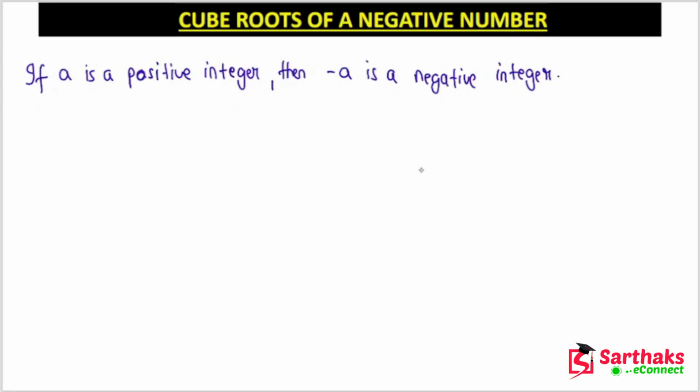Since it is a negative integer, we all know that the cube of a negative integer is also negative. Now we are sure that minus a is negative because a was positive. So we know that minus a whole cube is nothing but minus a into minus a into minus a.